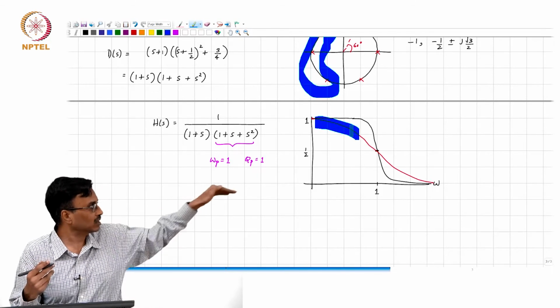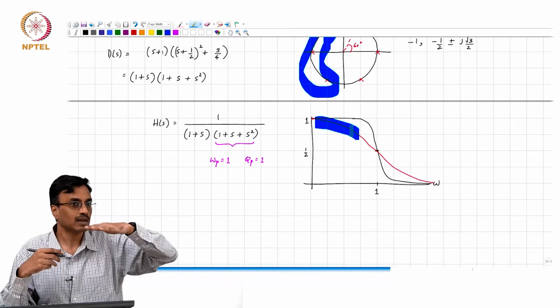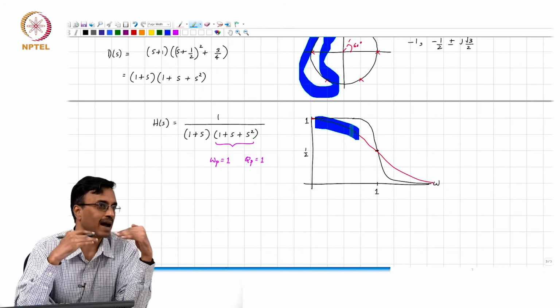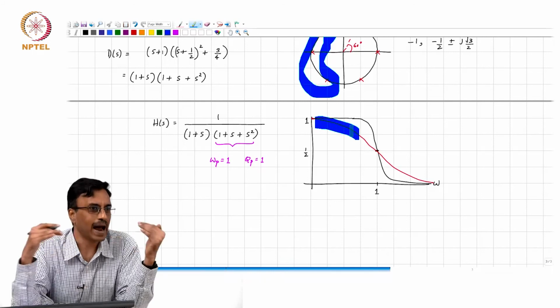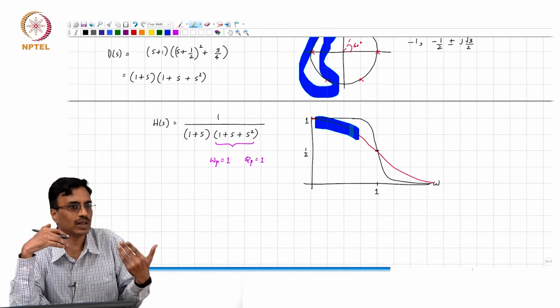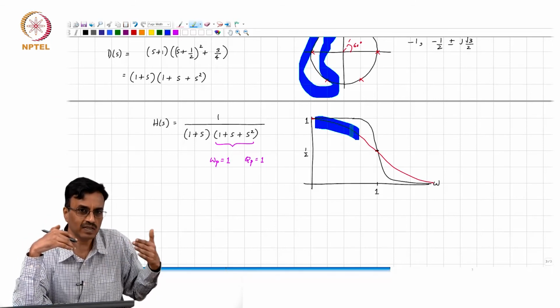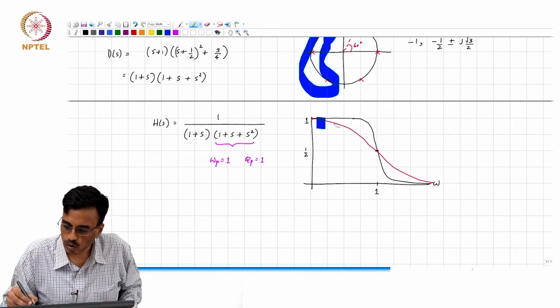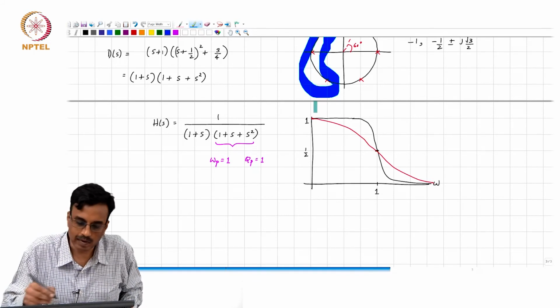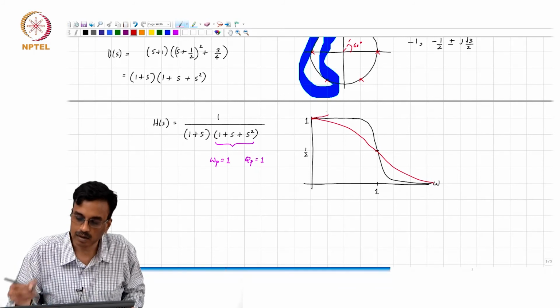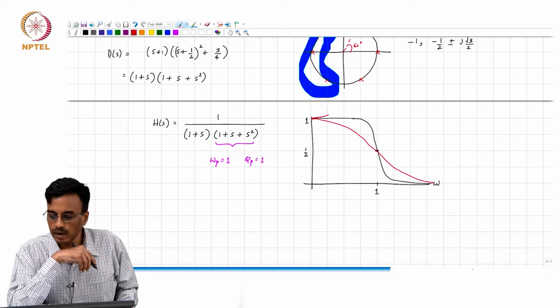But the third order response is actually, how does the third order Butterworth response behave at the origin? It is flat. So if the first order section has a response which is falling, it must follow that the second order section must have a response which is going up, right? So the second order response should be expected to do something like this, right?